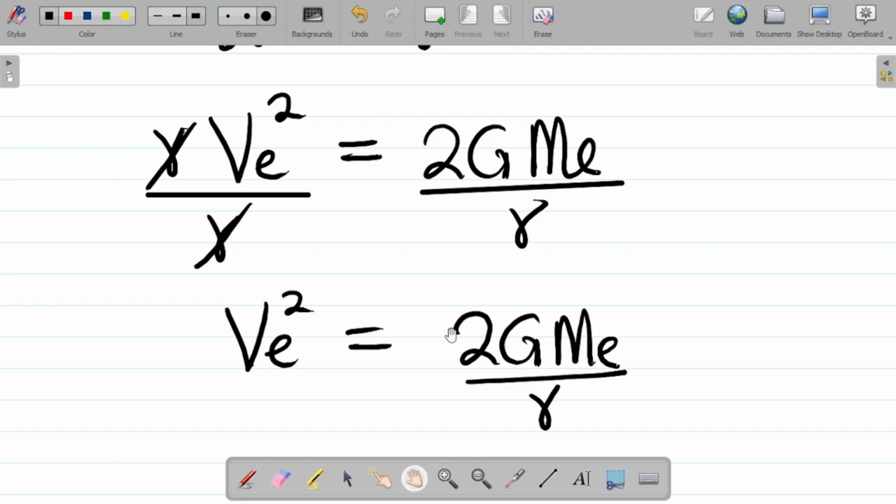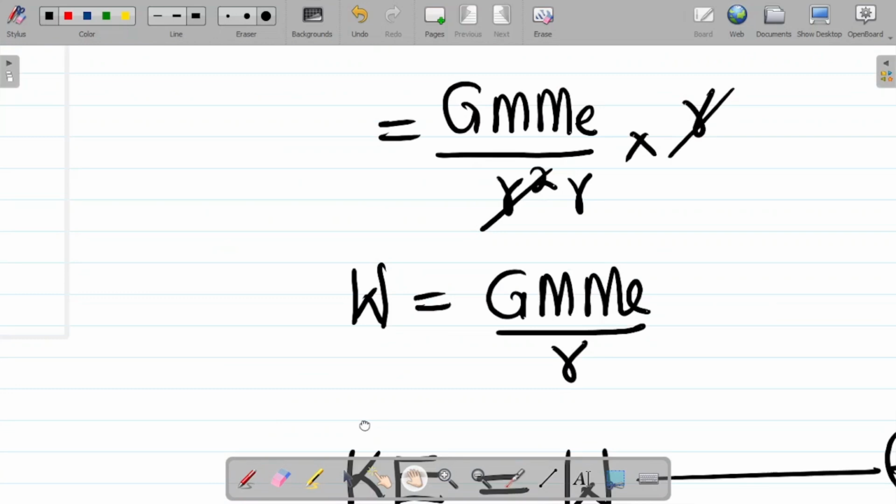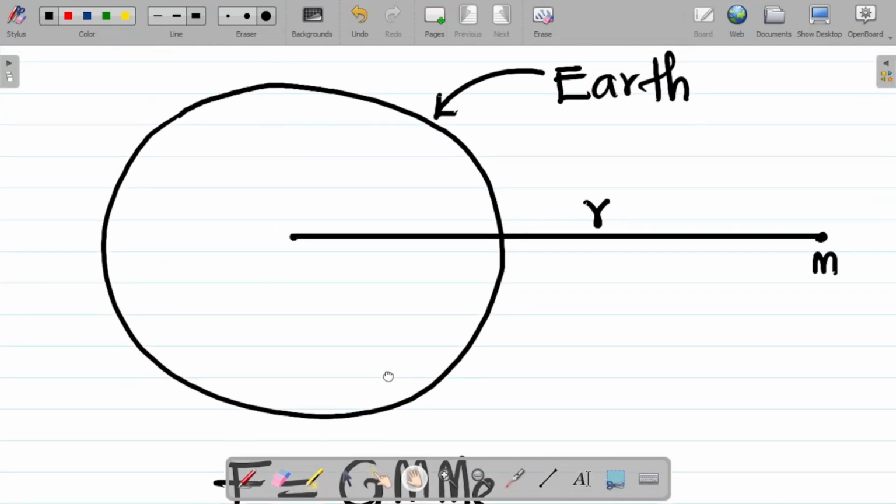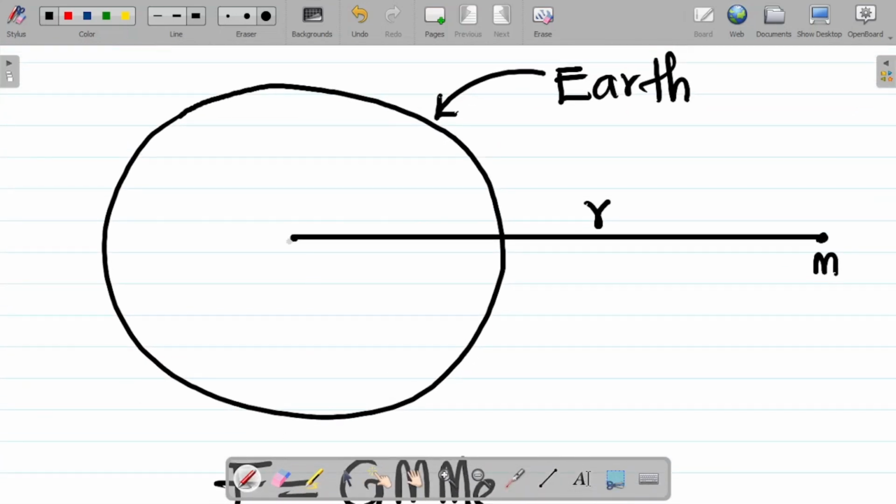So we have this. Okay, the next thing to note is this. Escape velocity occurs when a body finally leaves the gravitational influence of the earth, which in this diagram we can simply say is from here to this point here, or any point on the circumference of the circle.